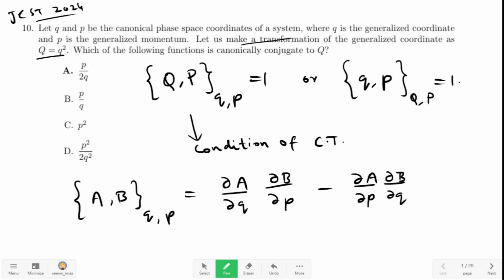Now if there are multiple qi's and pi's, then this will be a summation over i, with qi, pi, and here also there will be pi, qi. But in this case we only have one small q and one small p, so there is no need of summation.